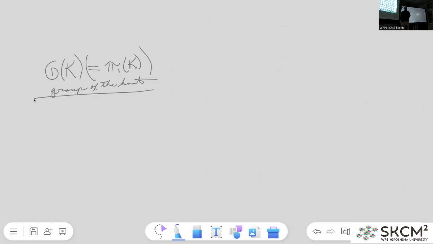I can define the group of the knot. I'm going to call it G of K, but it's actually equal to what's called pi 1 of K, but we'll have to explain that in a moment. This is the group of the knot. And I'm going to define it the following way. We're going to use the group operation.